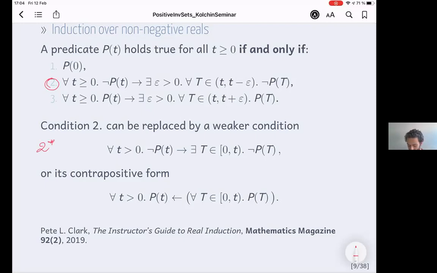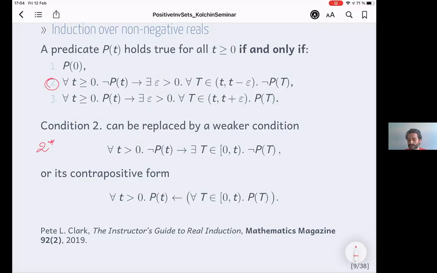I'm making the parallel with the induction over the natural numbers because it's easier to keep in mind. Over the natural numbers, we have the standard induction and the strong induction. The strong induction says if the property is true for 0, 1, 2, 3 all the way to k, then you will prove it for k plus 1.